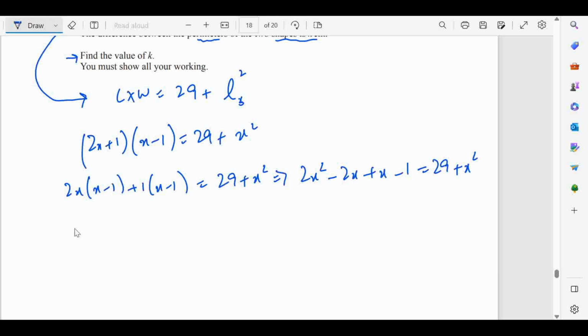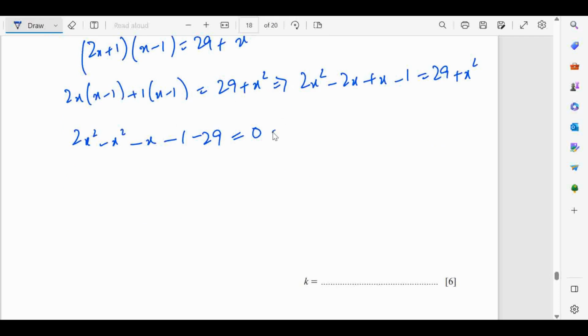Now if we rearrange it, this will be 2x square minus x square minus x minus 1 minus 28, sorry, this must be minus 28, minus 29 is equal to 0.